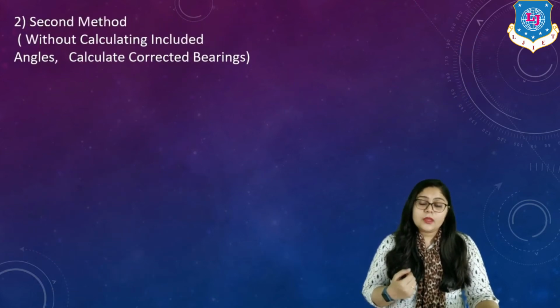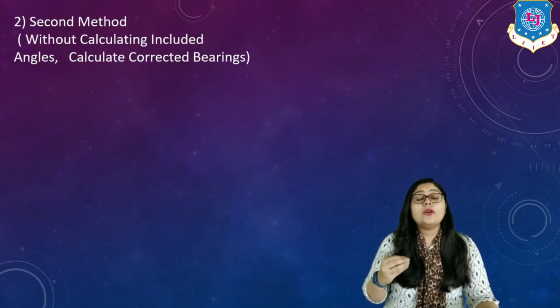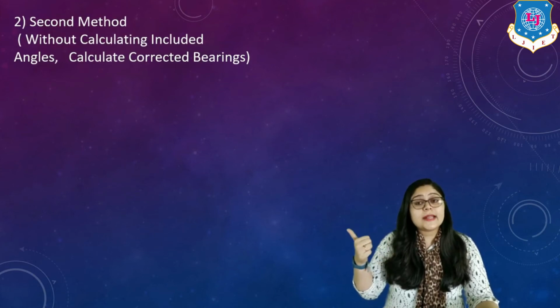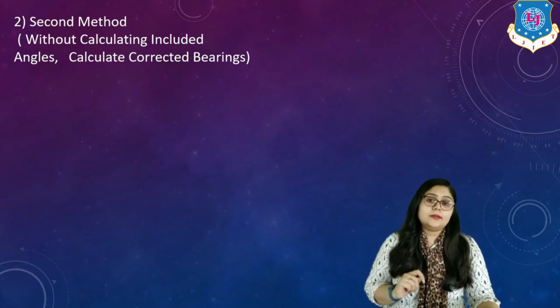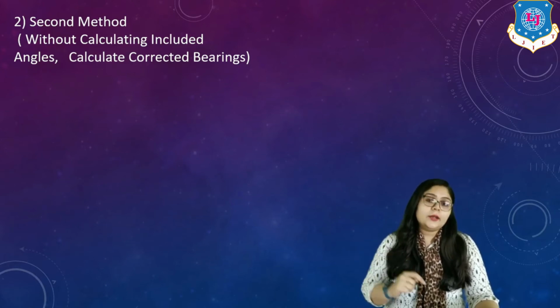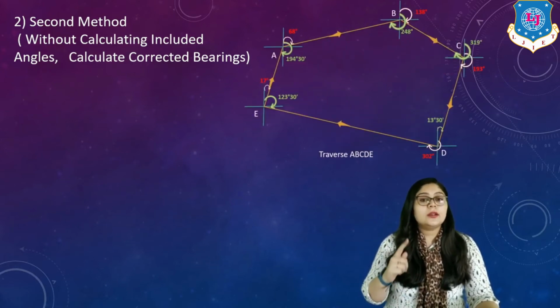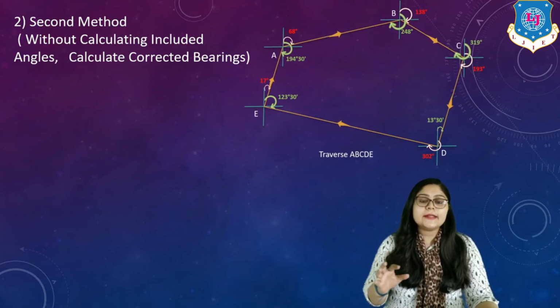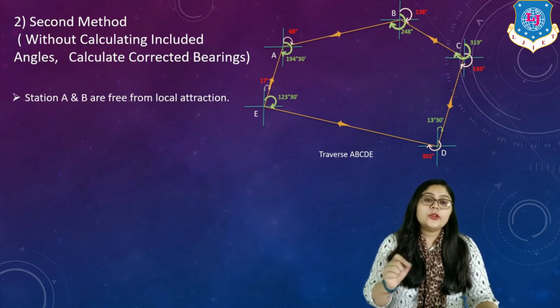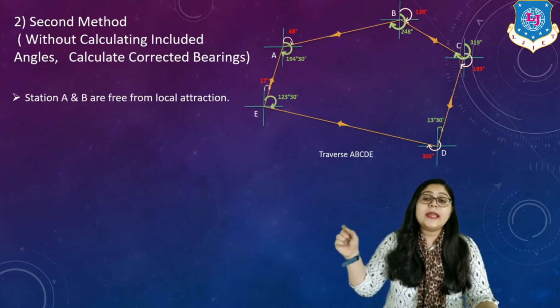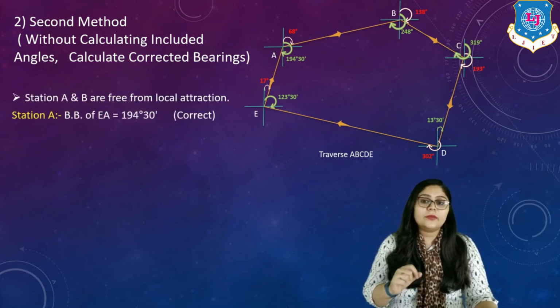Now, the same thing, if I want to calculate using the second method, it means without calculating included angles, we can calculate the corrected bearings, right? So here, the traverse is the same, all the data is the same. The concept is again the same for the first few steps: stations A and B are free from local attraction, that we know.